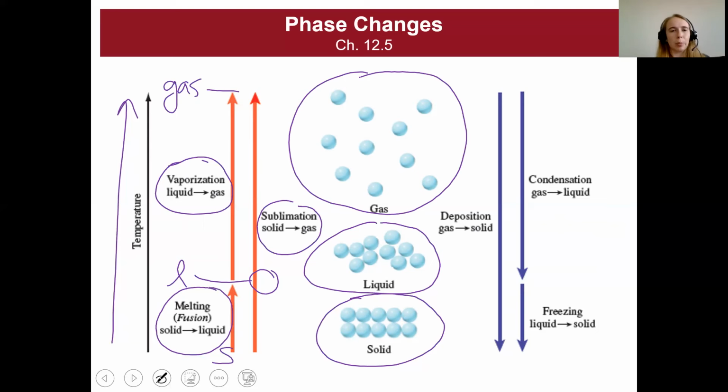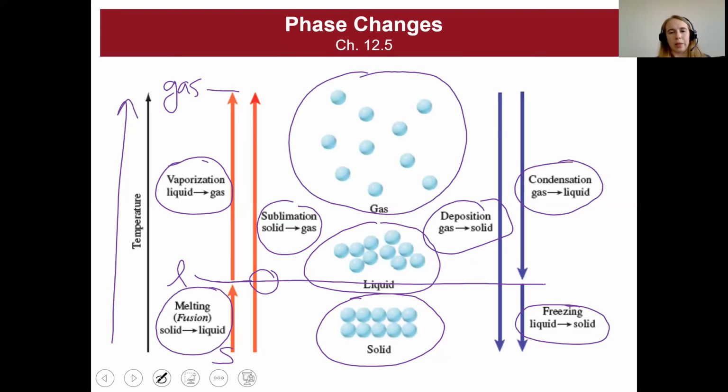And then these are the opposite, or the reverse, of those processes. So deposition is gas to solid, condensation is gas to liquid, and freezing is liquid to solid. So this is our liquid state, goes right through that liquid label, and this is our gaseous state, and this is our solid state. All right, cool.